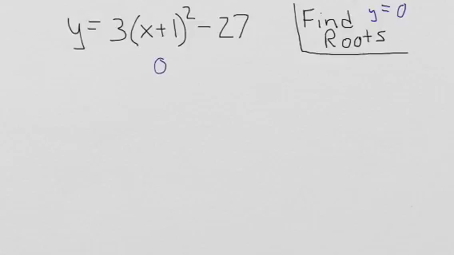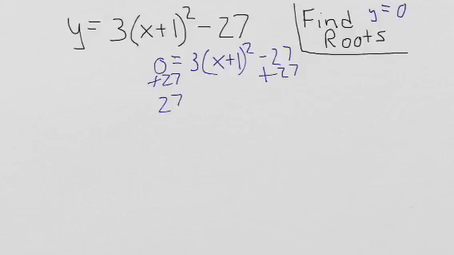So we have 0 equals 3 times x plus 1 squared minus 27. Well, in this situation, we now want to solve for x. Now, this one should come out perfect, so we won't have to worry about estimating or using exact answers, because it should work out. So we're going to add 27.